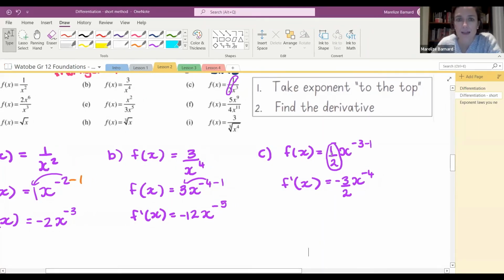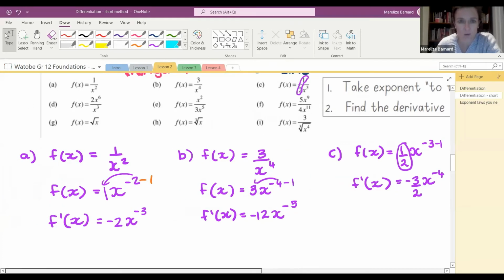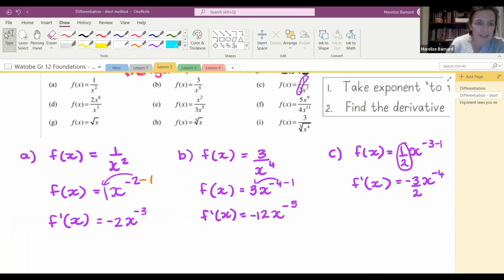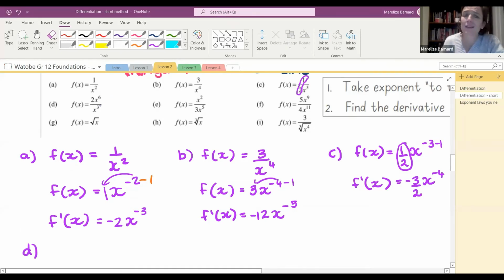So that coefficient is a half, and we're going to multiply our negative 3 by the half, which gives us the negative 3 over 2. Okay, we've got plenty more opportunity to practice that. And here comes question D. Question D is actually much easier than it looks because we can go x to the power of 6 divided by x to the power of 3, right?